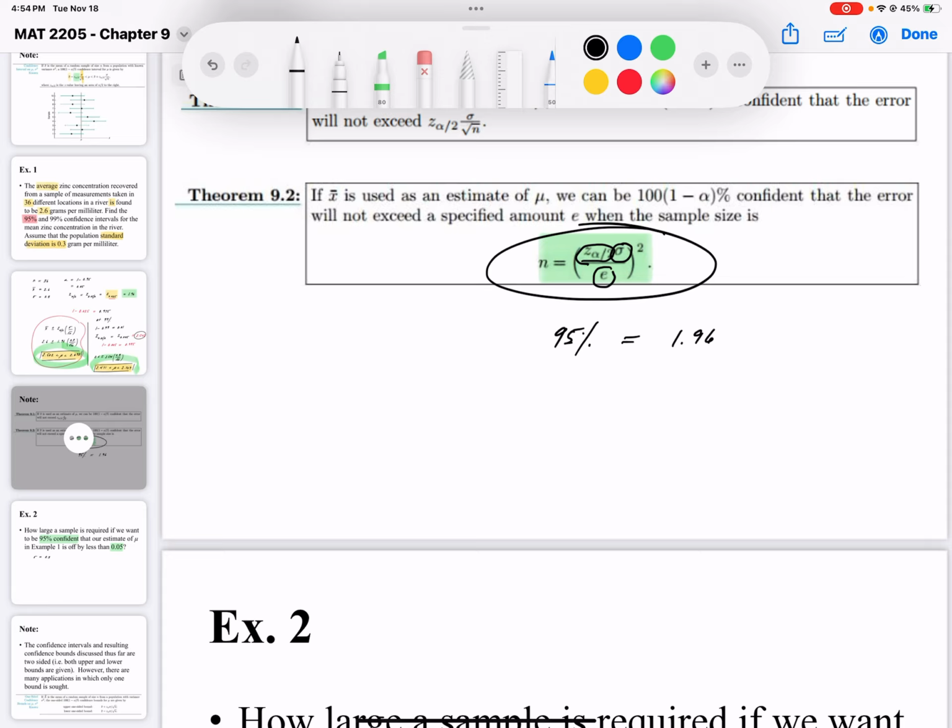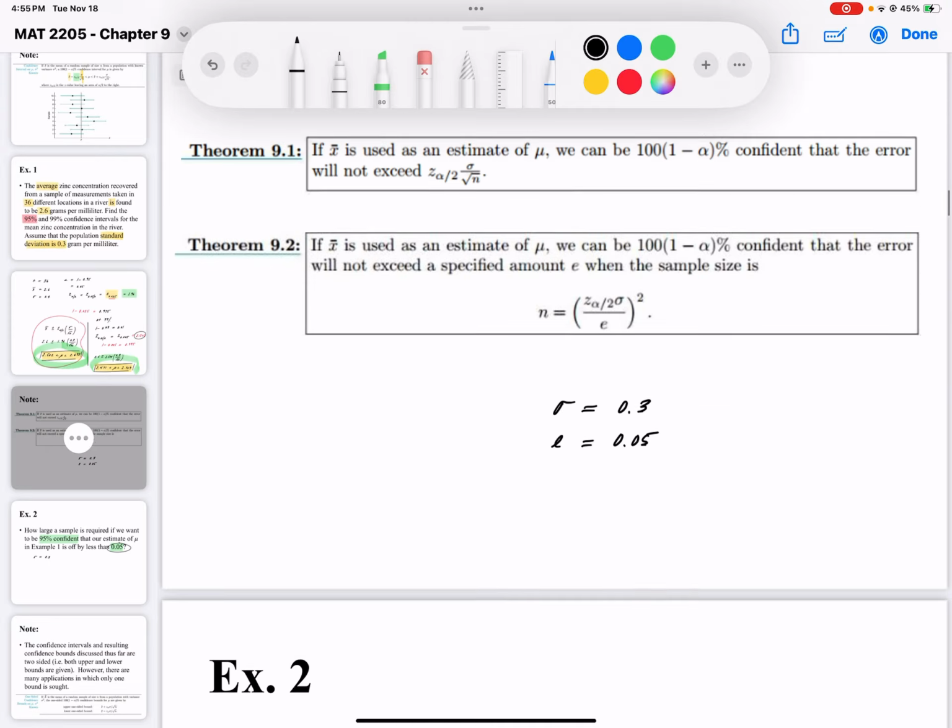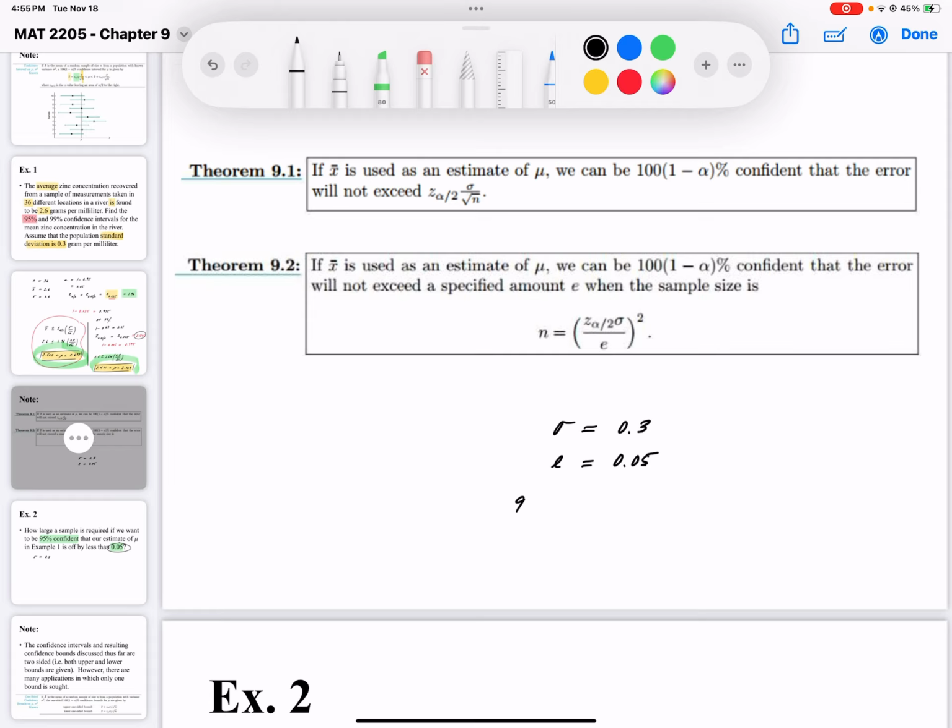I'll do it right here while you're looking at the formula to make it easy for you to compute what's going on, okay? So we've got sigma 0.3. Our error is, we said, within 0.05. Notice I got that right here. And we want to be 95% confident. So alpha is 0.05 and Z sub alpha divided by 2, we've already done this, is 1.96.